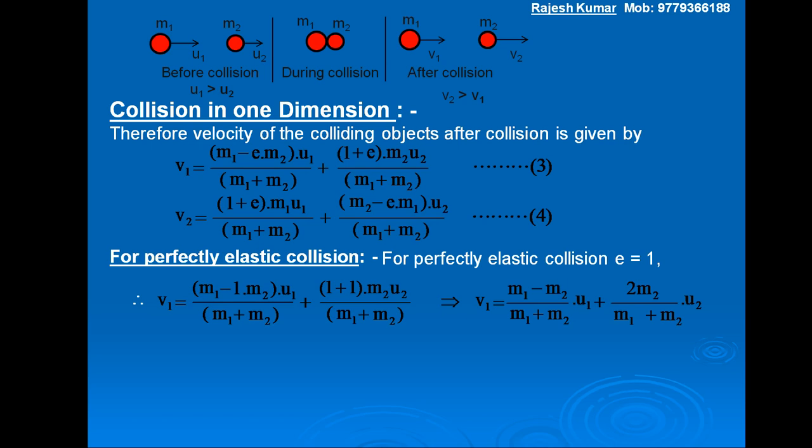So this is the velocity of the object of mass M1 after collision for a perfectly elastic collision.